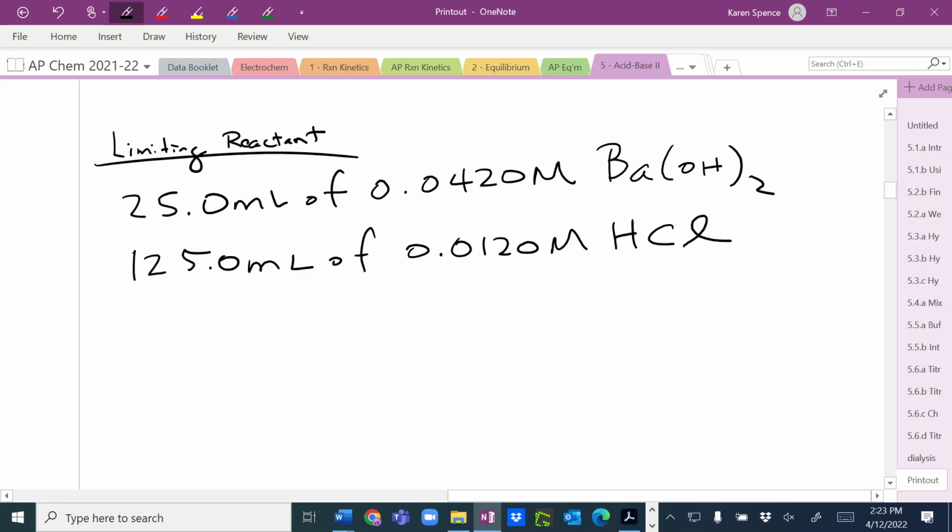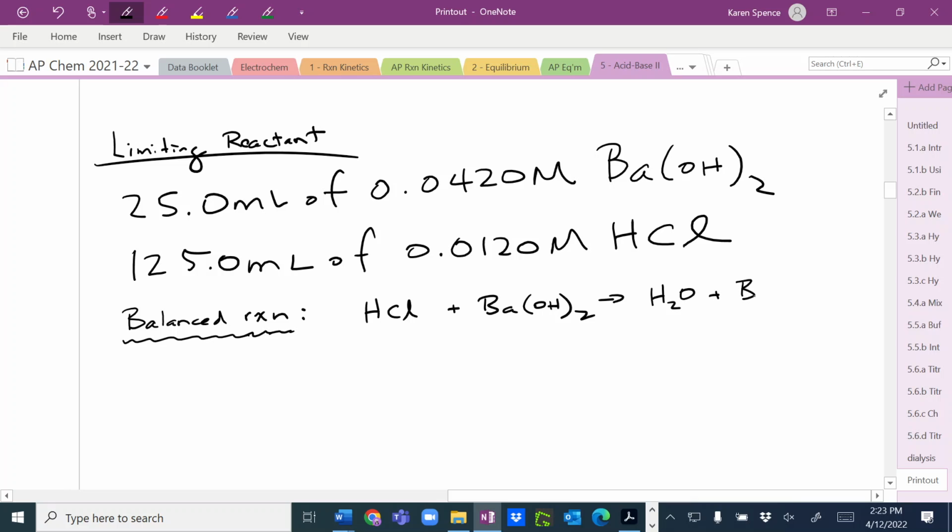Now we need a balanced reaction. So we have HCl plus Ba(OH)2 gives water and barium chloride, BaCl2. Is that balanced? No.